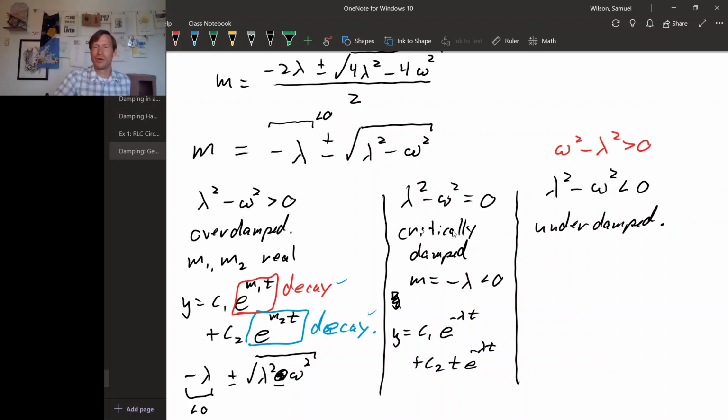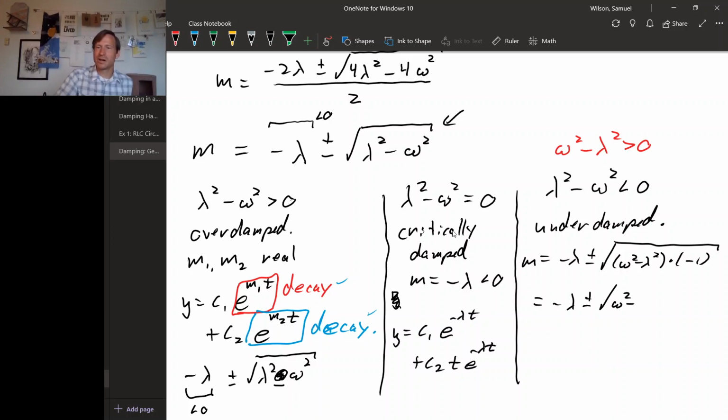Right? So rewriting the roots of our characteristic equation, we get minus lambda plus or minus the square root of, so I'm going to write this stuff in the square root as omega squared minus lambda squared times minus 1. So that's the same as this stuff up here. So that's minus lambda plus or minus the square root of omega squared minus lambda squared times i.